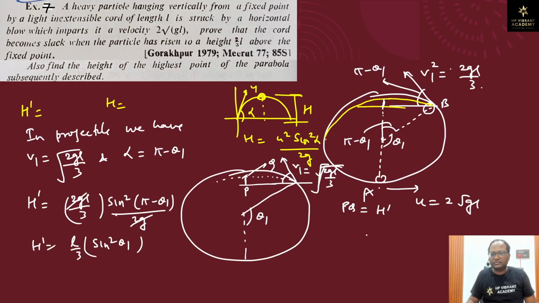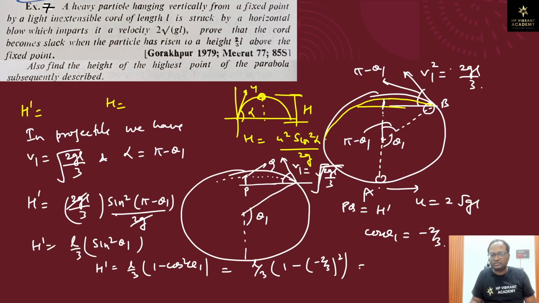We have cos theta 1 is equal to minus 2 by 3, so h dash is equal to l by 3 into (1 minus cos square theta 1). This is l by 3 into (1 minus (2 by 3) whole square), which is l by 3 into (1 minus 4 upon 9), equal to 5l upon 27. This is the height h dash.